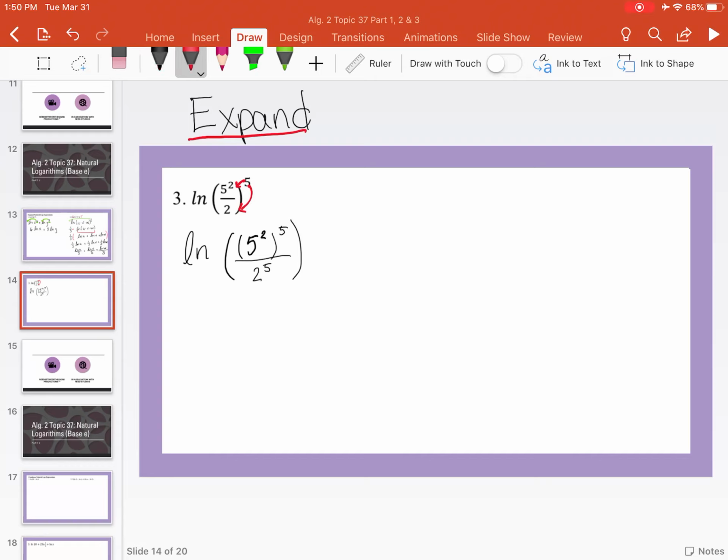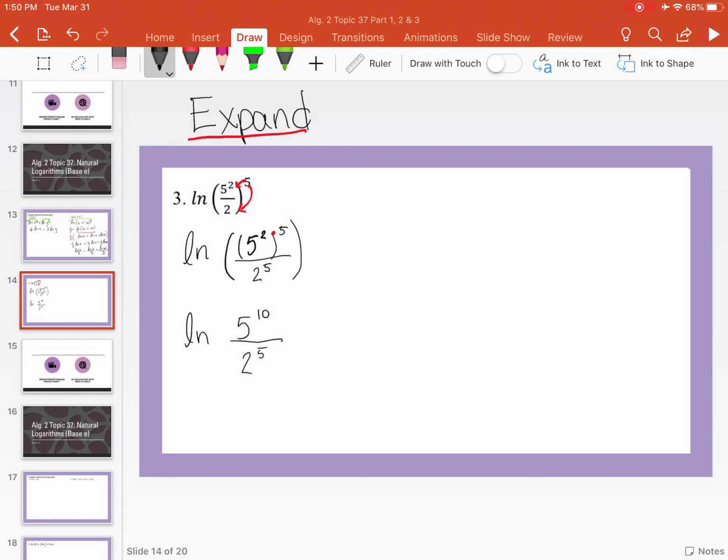Now when I have a power raised to a power, I want to multiply my exponents. So I would get ln of 5 to the 10th power divided by 2 to the 5th power.